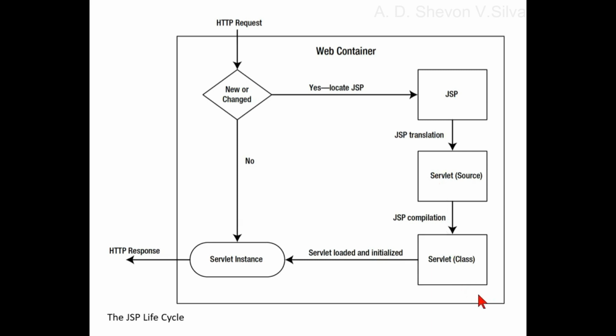After the translation phase has been completed, the JSP engine will need to load the generated class file and create an instance of the servlet in order to continue processing the initial request.